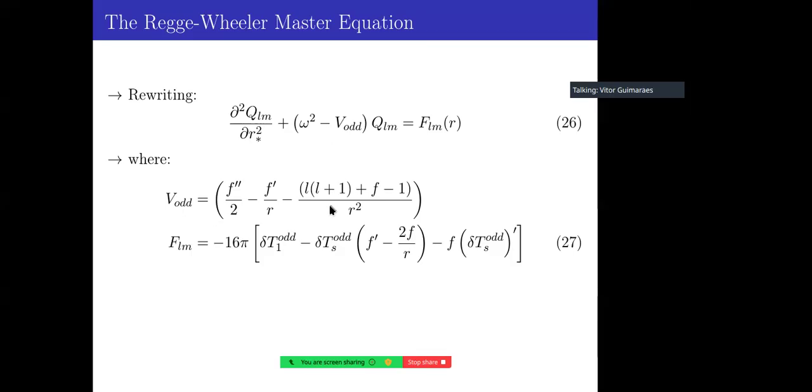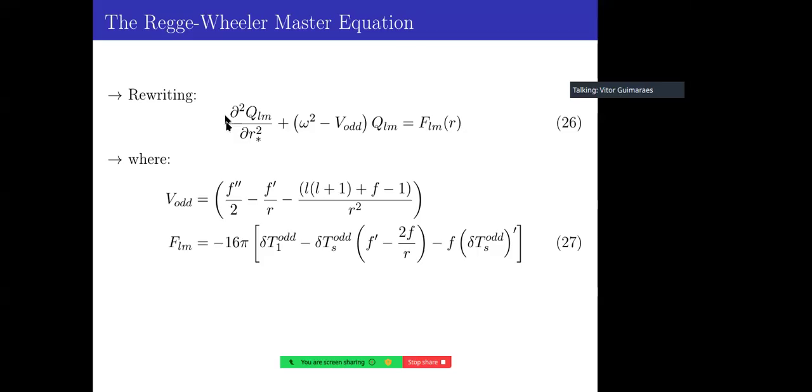This potential will go to zero at infinity, which is basically what we did to obtain the homogeneous wave equation in flat spacetime. Far away from sources, this would go to zero as well. And basically, this would be the equation.